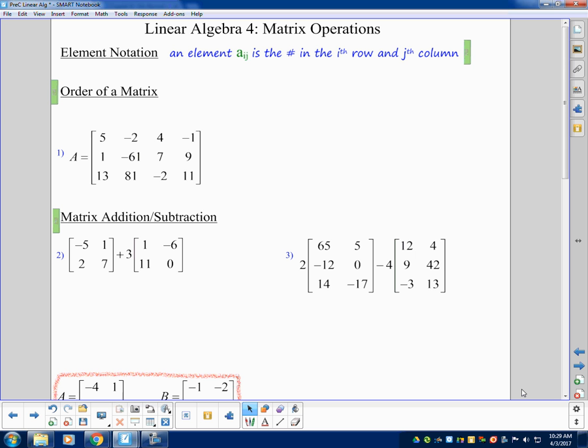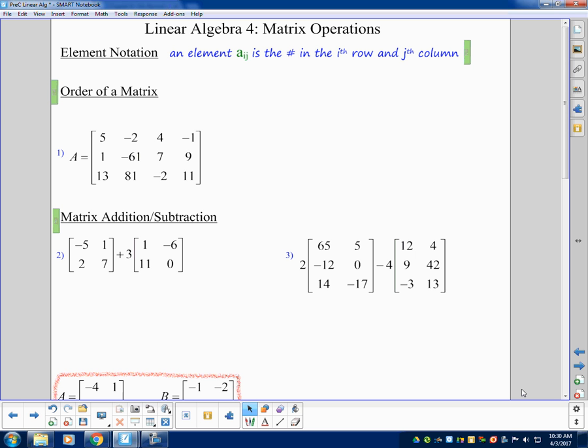So an element of a matrix, that could be typically a number, because a matrix is an array, usually of numbers here, but an element Aij is the number in the ith row in jth column. Notice they even use i's and j's just like we did with vectors. So the ith row, just like with a vector, and the jth column.